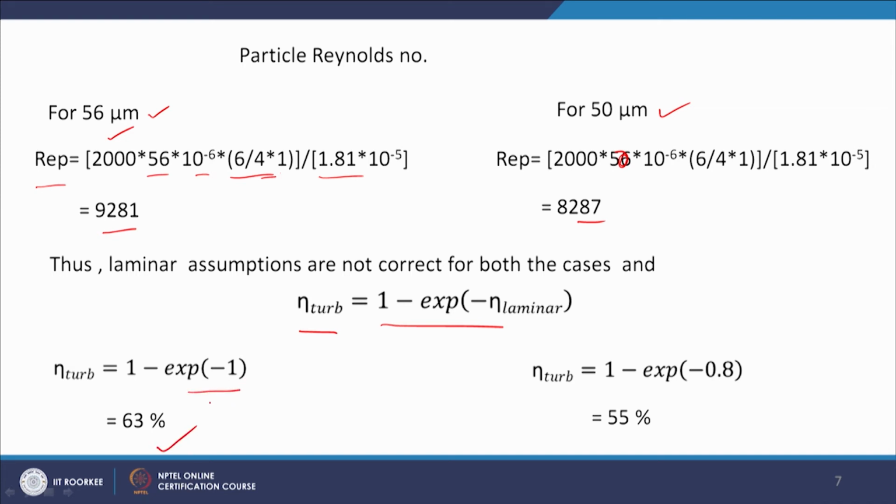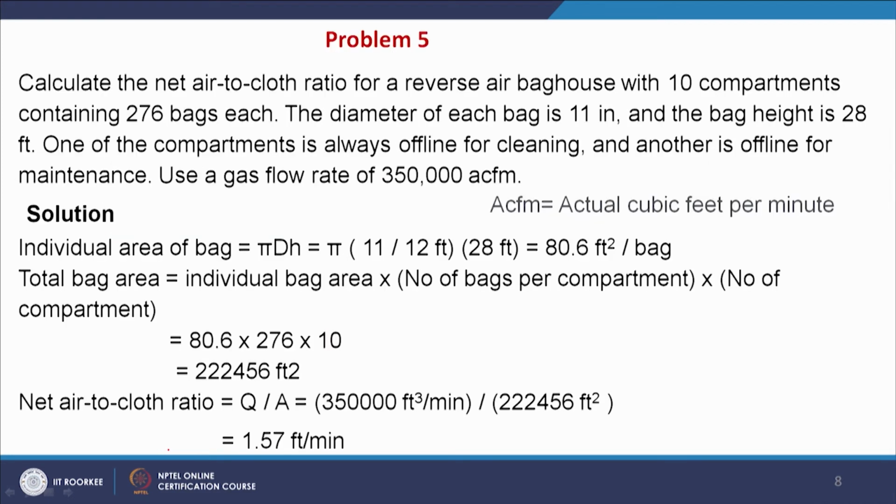In the second case, for 50 micrometer particles, the efficiency was 80%. So, the efficiency under turbulence is 1 minus exponential minus 0.8, and here we are getting 55%. So, the actual efficiency will be 55% for the 50 micrometer particle, and for 56 it will be 63%. Now, we are able to solve the problem.